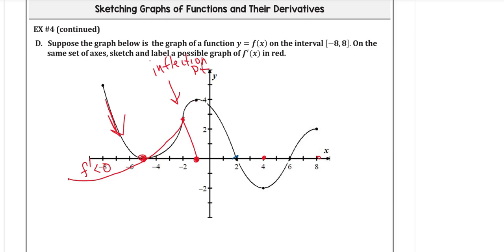And then here we're going to go down through to our next inflection point, which is there. So we're going to come down here, and that's going to create a horizontal tangent line for the derivative. And then this has to be a 0 at 4, so I'm going to come back up this way. And then I have another inflection point at 6, so I have to have another 0 here. So here's an inflection point.